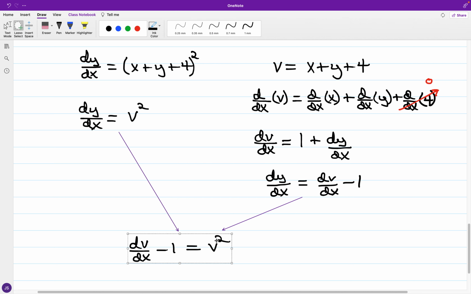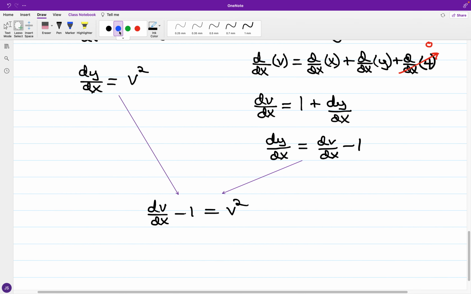And what I can do is isolate the derivative. So you can just add 1 to both sides. So you have dv over dx is equal to, you can say either v squared plus 1 or 1 plus v squared.